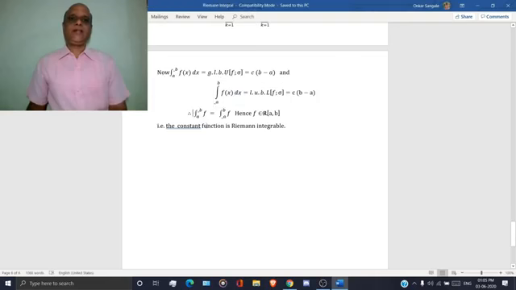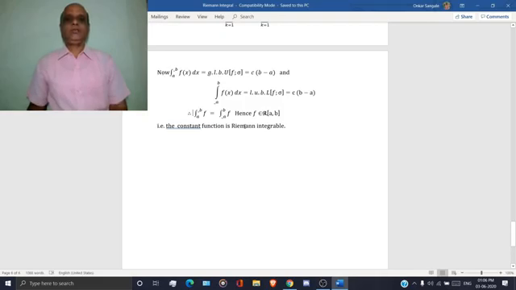Therefore we write the upper integral of f equal to the lower integral of f, and hence f is a Riemann integrable function over the closed interval [a, b]. We write this as f belongs to R[a, b]. In this way we have shown that the constant function is Riemann integrable.